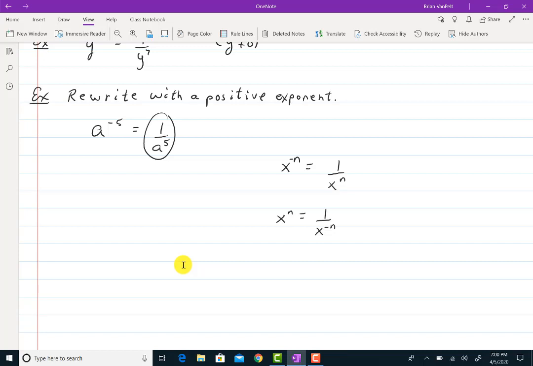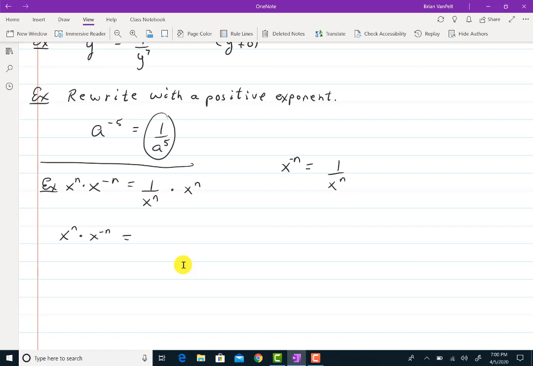Let me show you. I will use the rule that I just wrote there: x to the negative n equals 1 over x to the n. What I'm going to do is multiply both sides of the equation by x to the n. The left side I'm going to leave as it is.